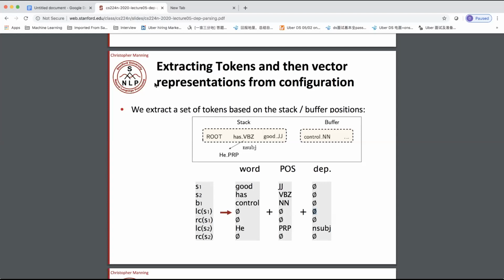In that case, that means we don't have any words to the left. And what's the part of speech? Because we don't have a word, we don't have part of speech, let alone a dependency relationship. So now using the same logic, what about the right arc of S1, right arc of good? Why is it all empty again?